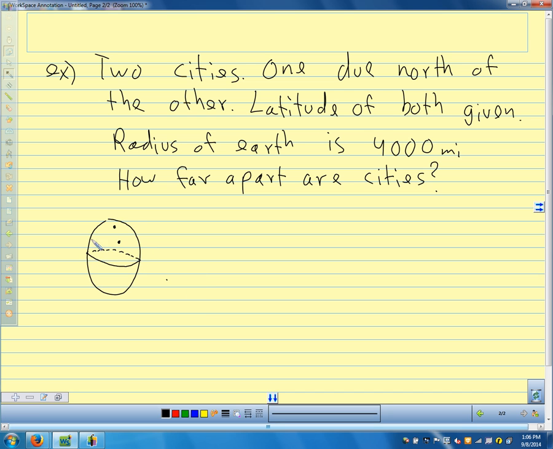Well, I'm going to take this and rotate it around, so we're just looking at where these cities are on the Earth edge on. Here's one city. Due north is towards the North Pole. Here's the other city.